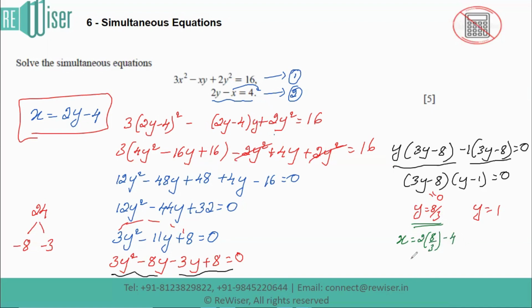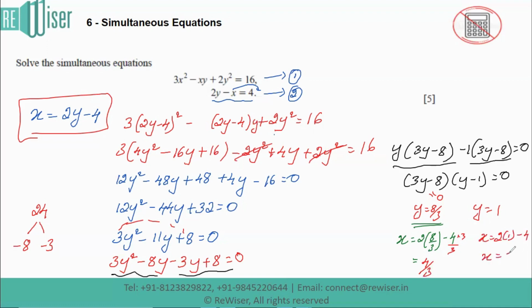We take the common denominator as 3, so 2 times 8 is 16, and 16 minus 12 is 4. So 4 by 3. And when y is 1, x would be equal to 2 times 1 minus 4, which is minus 2.